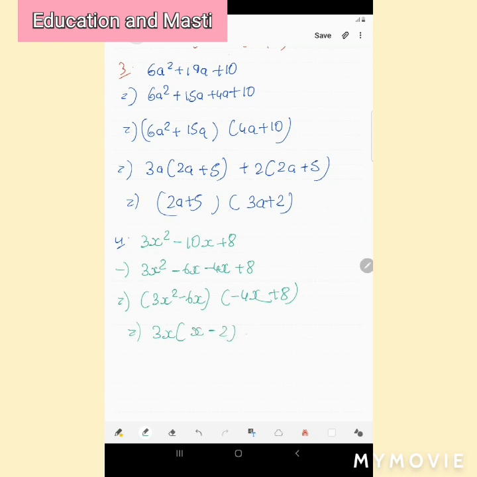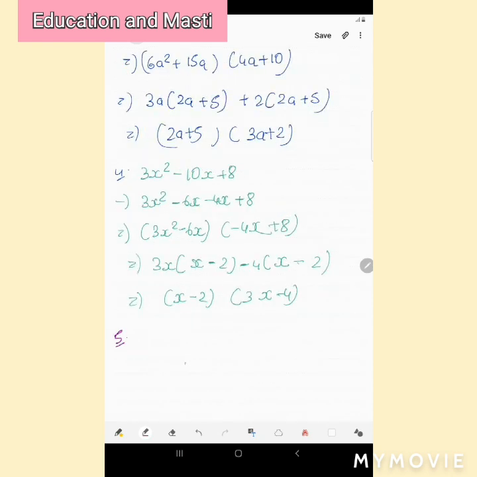Then here I will take out 2, or we can take out 4 also here. So rather take out 4, and take it with a minus. So 4 times x minus 2. Why do I write minus here? Because we already know that it is plus 8, and minus into minus is plus. So 4 times 2 is 8. Therefore the answer we get is x minus 2 and 3x minus 4.